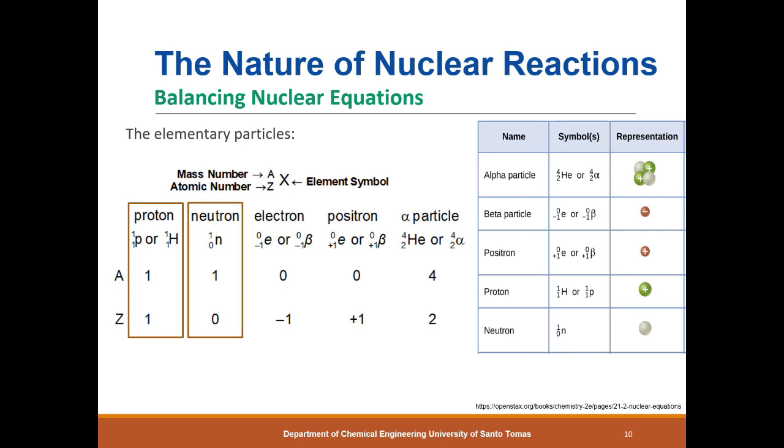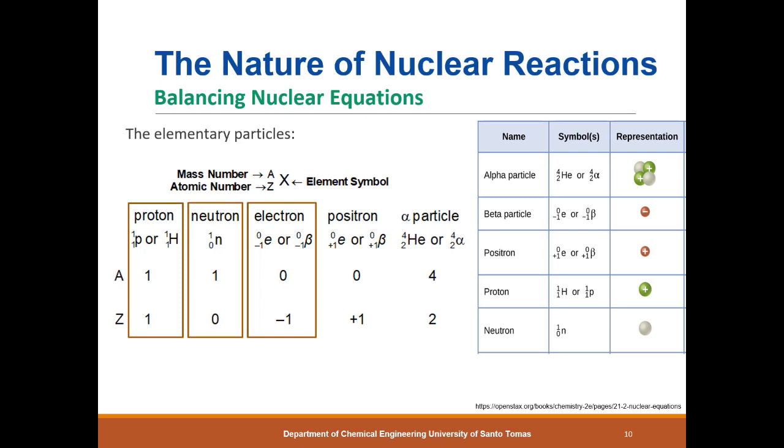On the other hand, the mass number of a neutron is 1 but its atomic number is 0 because there are no protons present. For the electron, the mass number is 0 because there are neither protons nor neutrons present, but the atomic number is -1 because the electron possesses a unit negative charge.